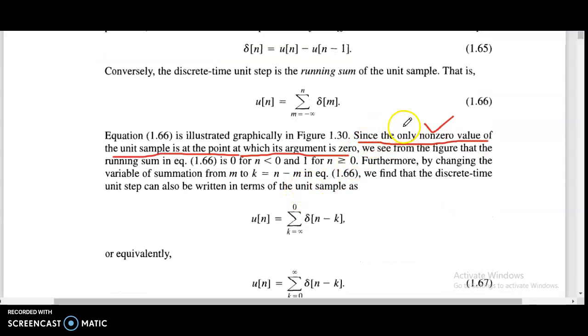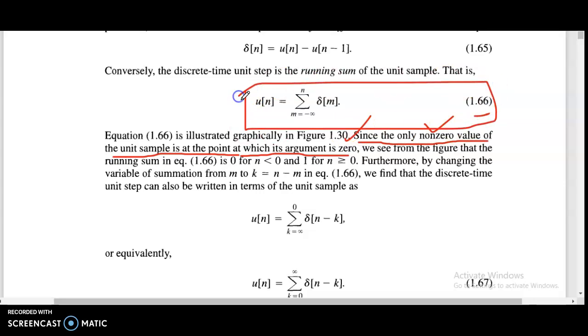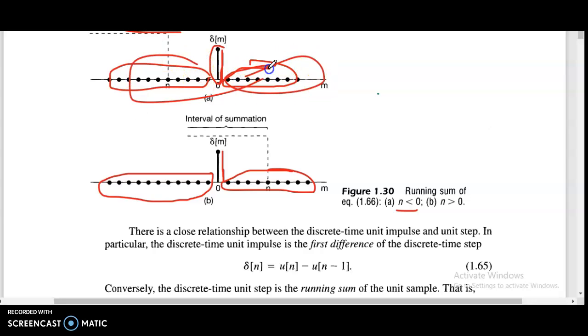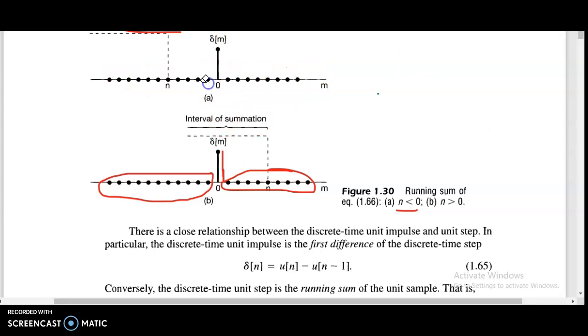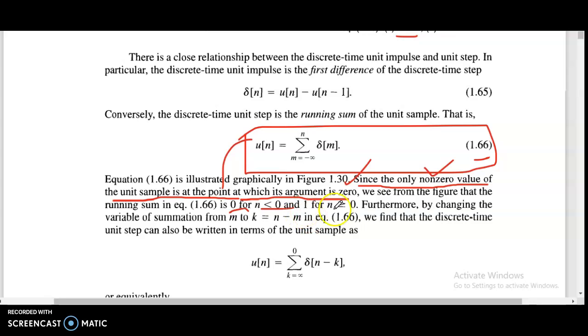Since the only non-zero value of the unit sample is at the point at which the argument is 0, we see from the figure that the running sum in equation 1.66 is 0 for n less than 0 and 1 for n greater than or equal to 0.